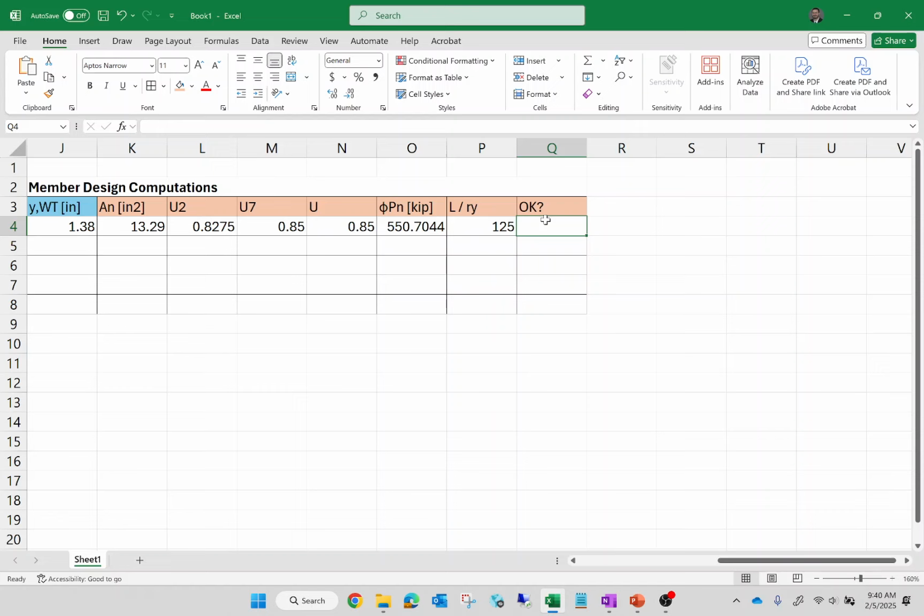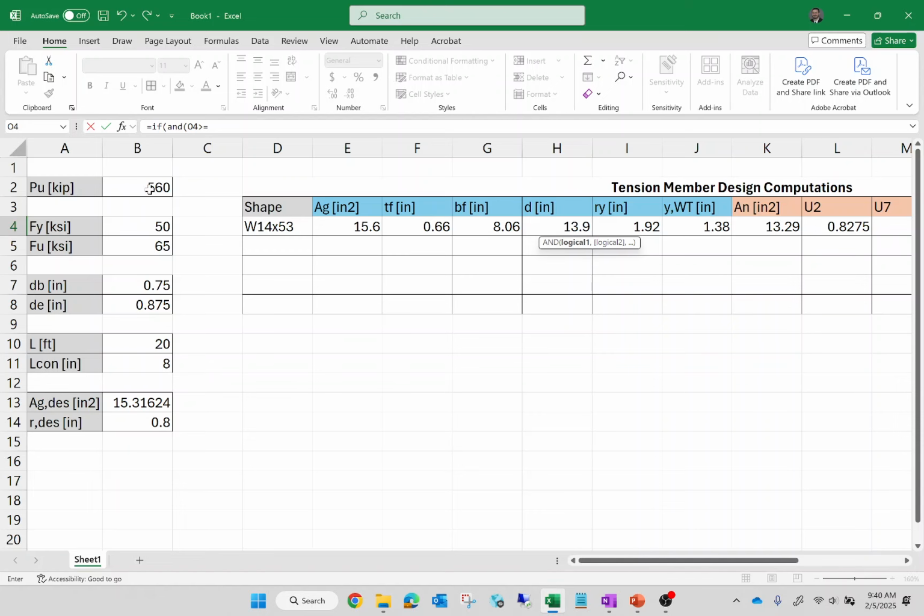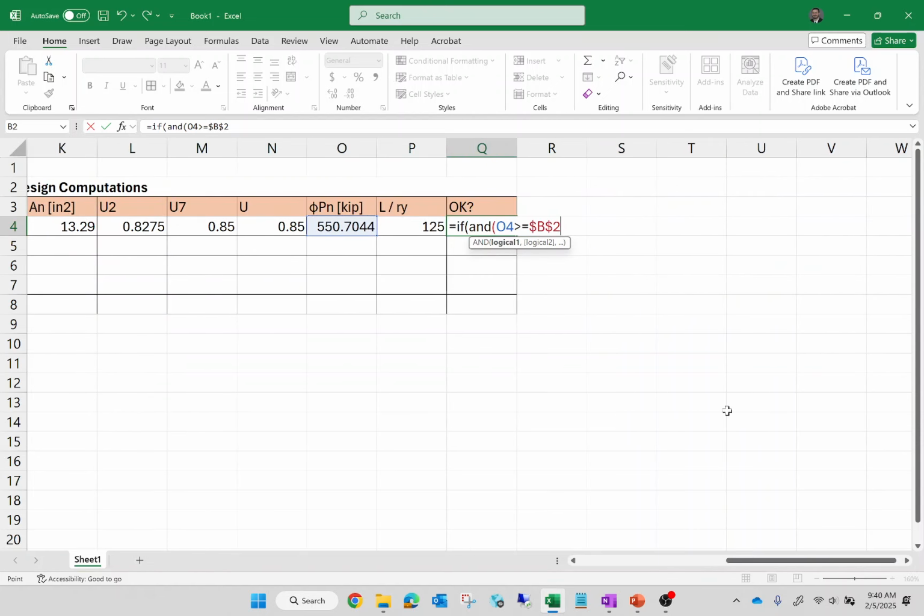Now, just so you're aware, in Excel, you have to put quotation marks around letters and formulas. So, let's see if we can do this. So, VPN greater than or equal to PU, lock that in.